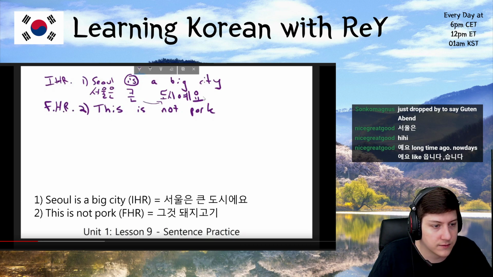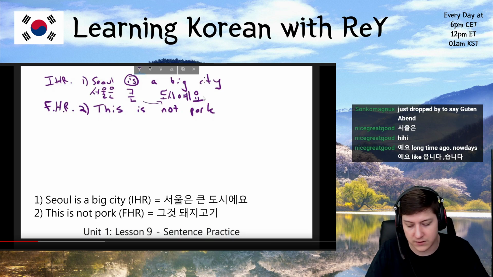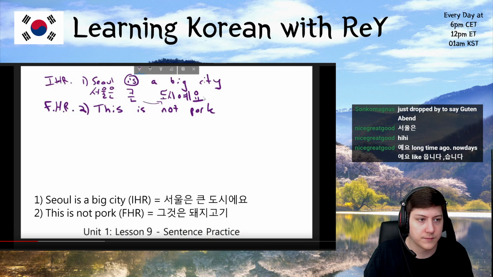Oh wait. The thing is subject. This time ending in the consonant again, so this one. And pork is the object. Do we need the object? No, we don't.